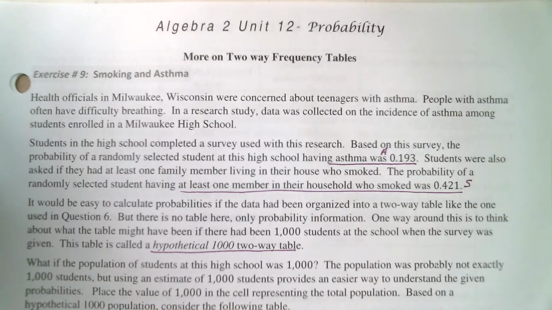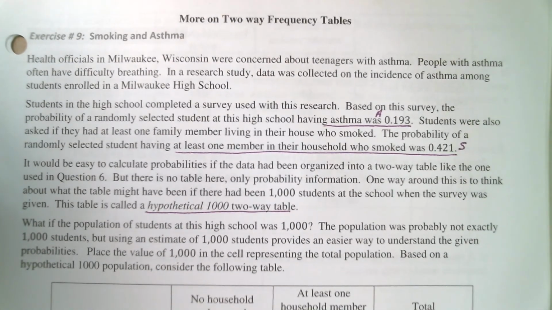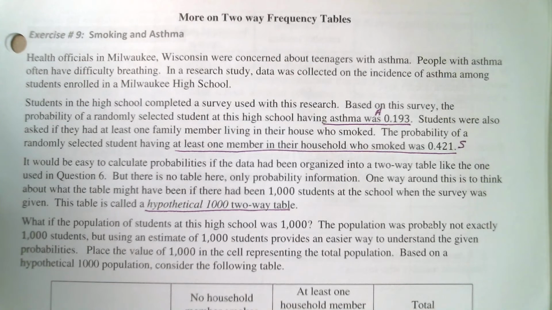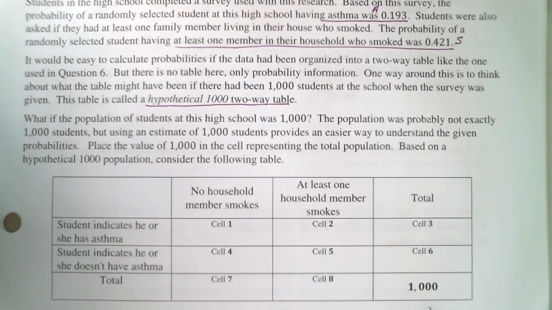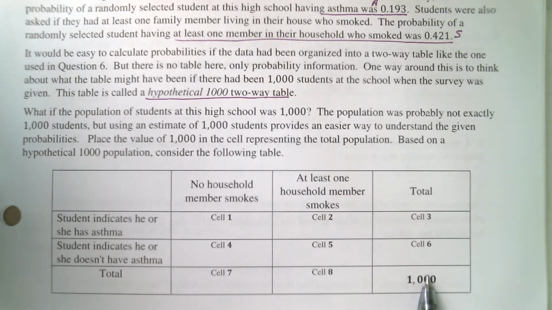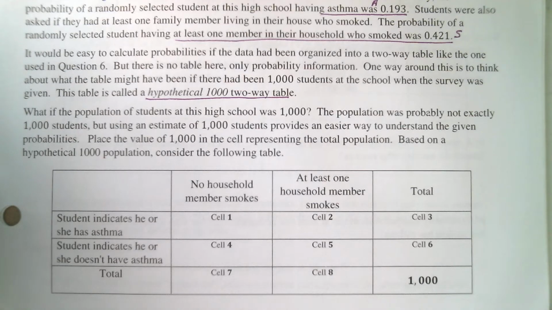The population was probably not exactly 1,000 students, but using an estimate of 1,000 provides an easier way to understand the given probabilities. Place the value of 1,000 in the cell representing the total population. That's already done for us here. Based on a hypothetical 1,000 population, consider the following table.